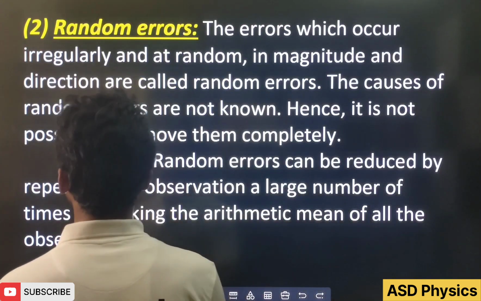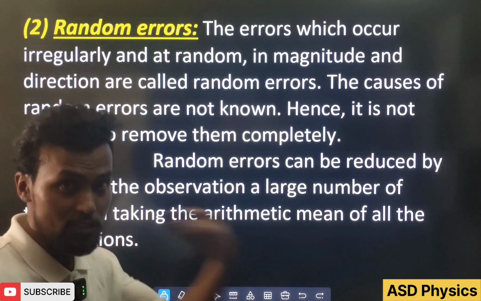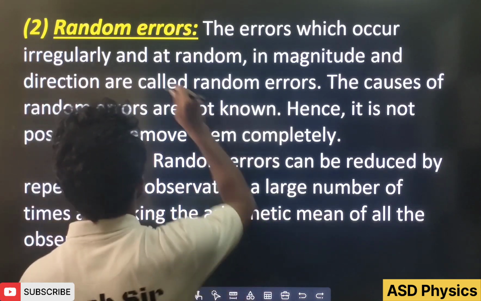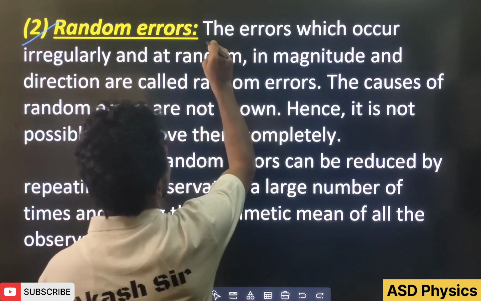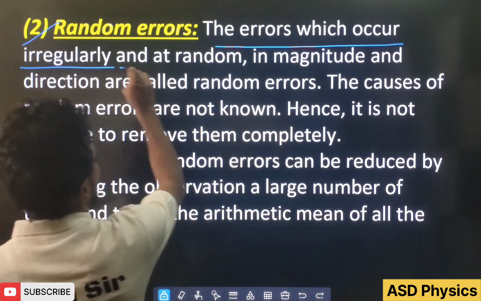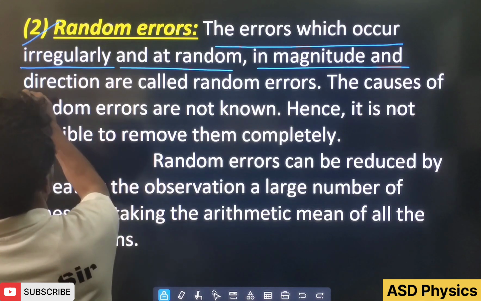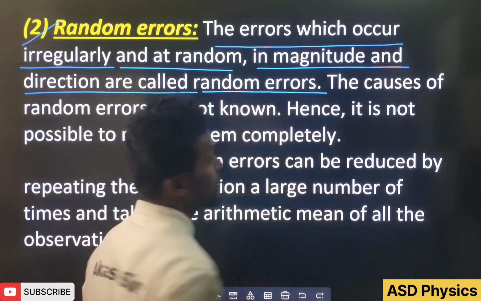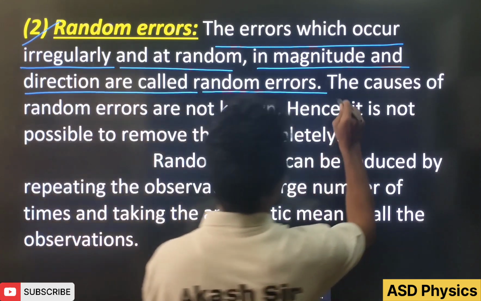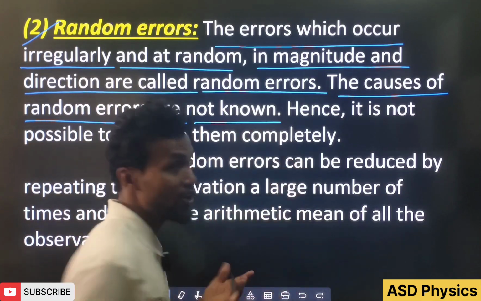Next, the second kind of error is random error. Even the name is suggesting. The errors which occur irregularly and at random in magnitude and direction are called random errors. The causes of random errors are not known.